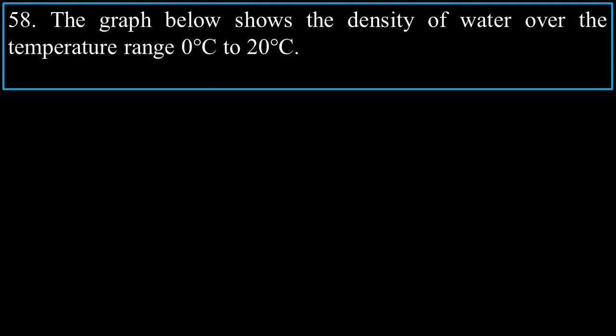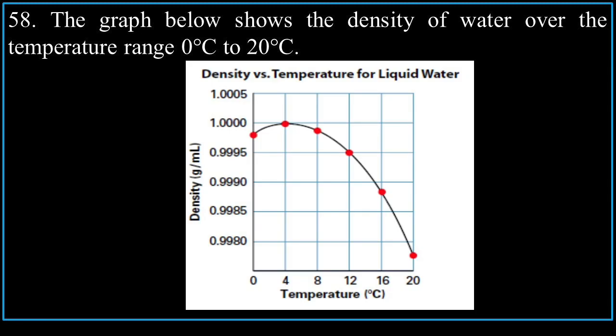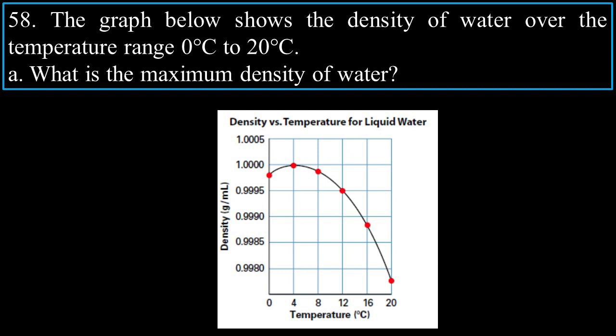The graph below shows the density of water over a temperature range of 0 degrees Celsius to 20 degrees Celsius. Okay, bring it on. So you can see at 4 degrees Celsius, it's the most dense. What is the maximum density of water?